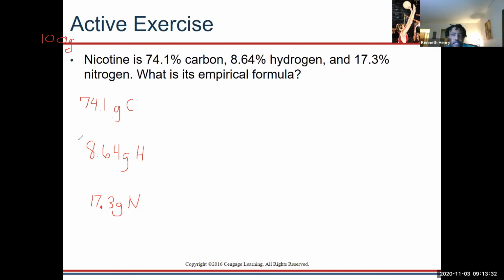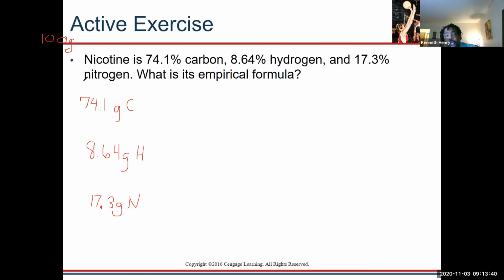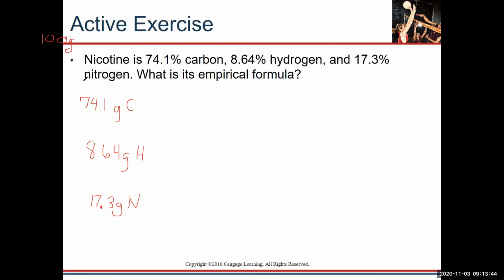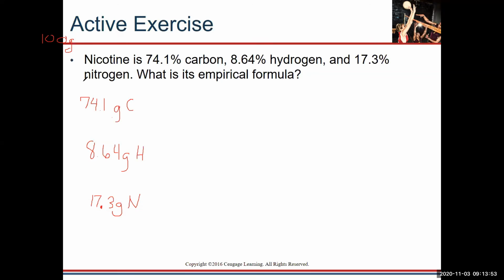The same thing applies to the hydrogen and the nitrogen. By assuming that we have 100 grams, we can change the percentage directly into grams, which makes our lives a lot easier.